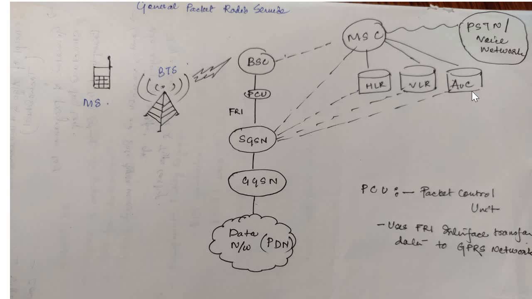Next is GGSN. This acts like a gateway. In communication, we know the role of a router. The router majorly decides where to route the packet. For that, it maintains a lot of information like the routing table, the interface addresses, the shortest path, all of this. In a nutshell, GGSN acts as an interface and a router for the GPRS network.